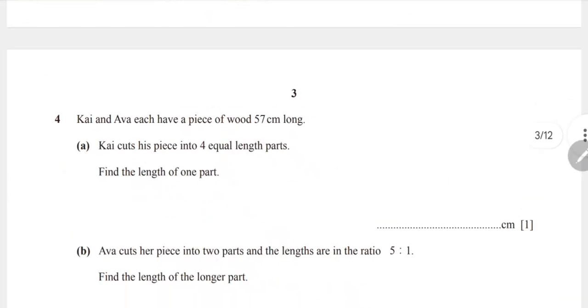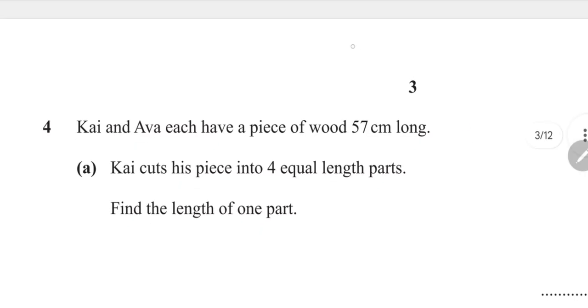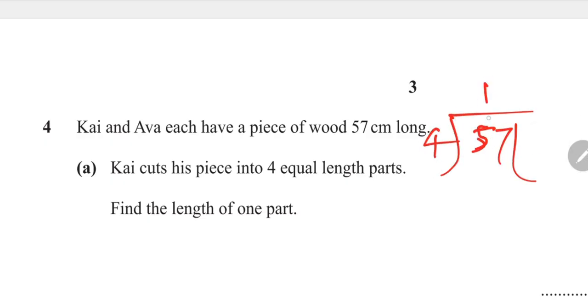If he cuts it into 4 equal parts, it means we divide this number by 4. So 57 divided by 4. 4 1 times 4, now 1 carry 7.